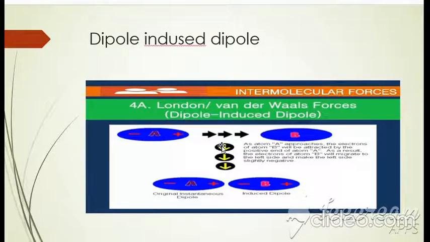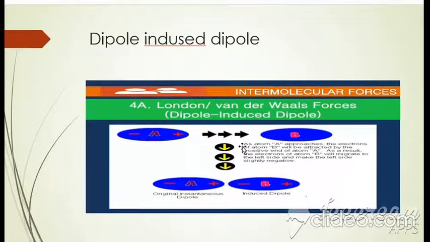For example, when the negative end of this dipole comes close to the electrons of the non-polar molecule, what happens? Repulsion is created. The negative end repels the electrons of the non-polar molecule.